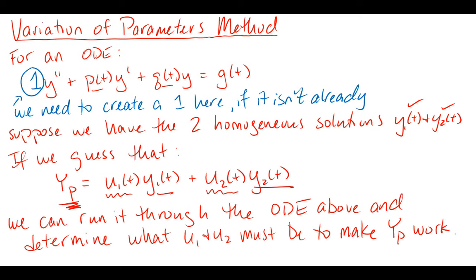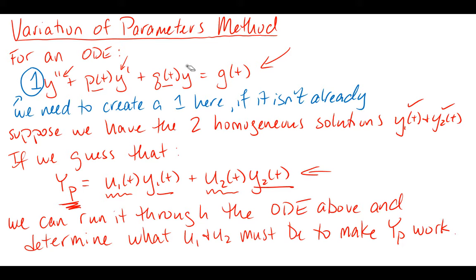Now, if I'm going to run this through, let me talk for 30 seconds before going on to a clean slide. If I'm going to run this guess through that ODE, I'm going to need to plug it in for y, then take the derivative of it and plug it in for y prime, and then take the second derivative and plug it in for y double prime.